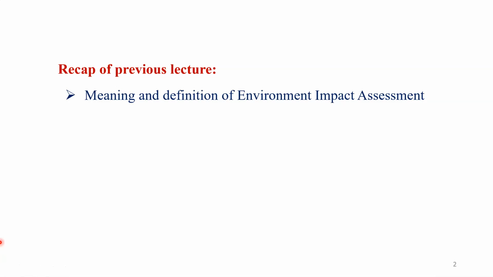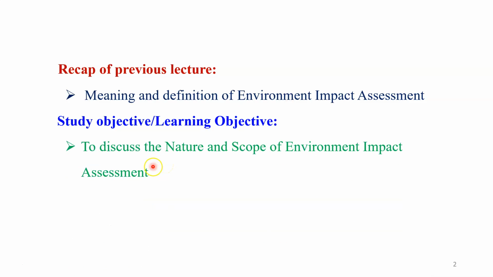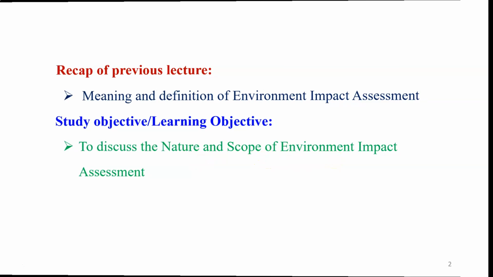Dear student, in the previous lecture we discussed detailed information about the meaning and definition of Environment Impact Assessment. For today's lecture, our study objective and learning objective is very simple: to discuss the nature and scope of environment impact assessment.